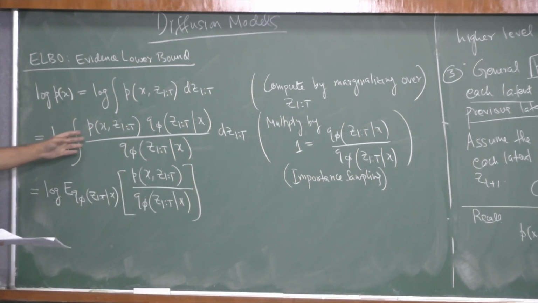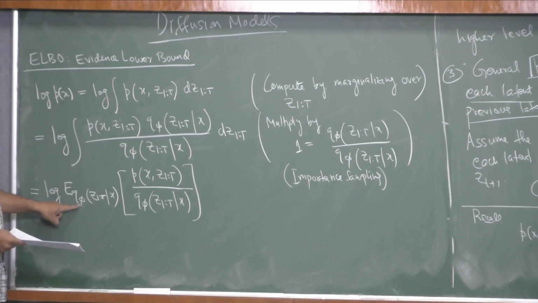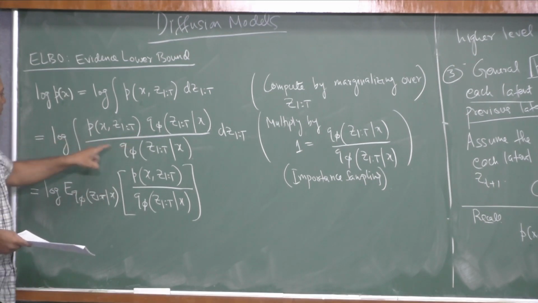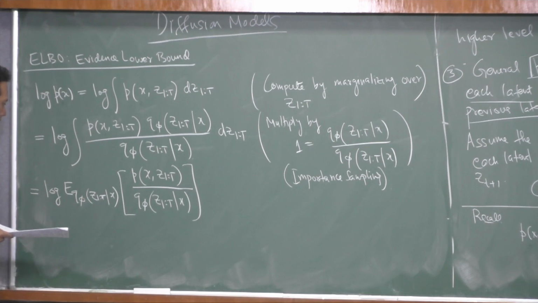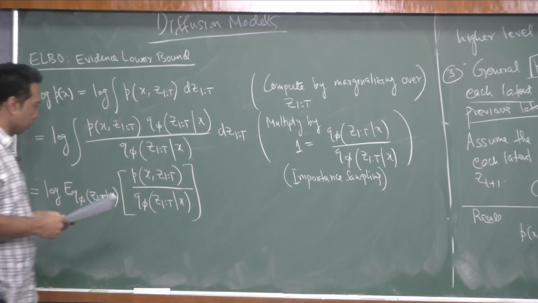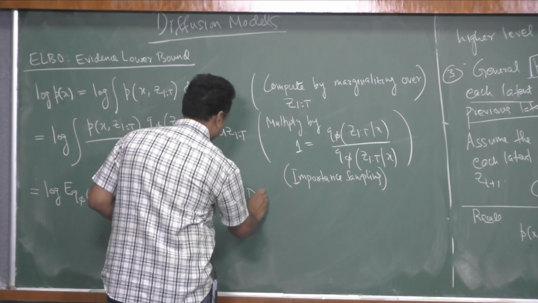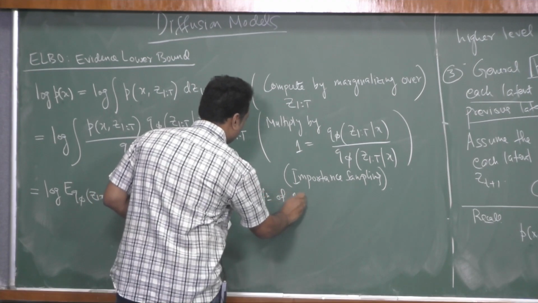So what we have done is that this integral is nothing but the expectation over q phi z1 to t of this quantity. Okay, so this is just the definition of expectation.